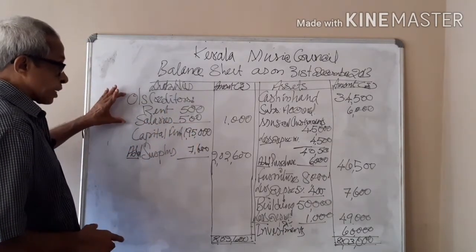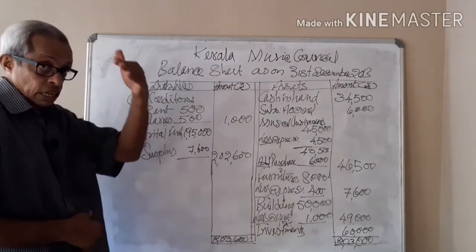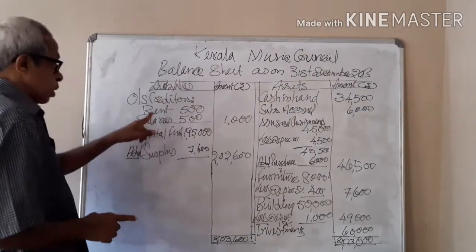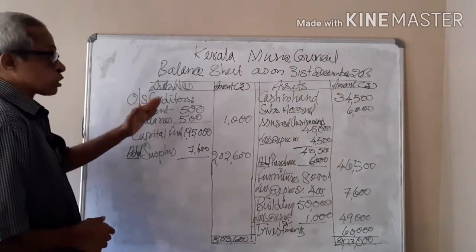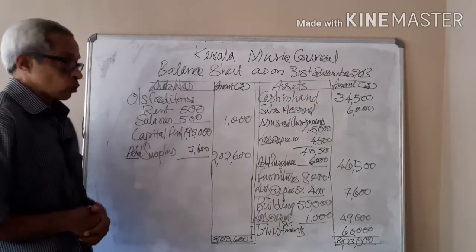Among the adjustments, the last three items are rent, salaries and subscription. Of these we took rent and salaries as outstanding creditors, that is 500 each, total being 1,000.